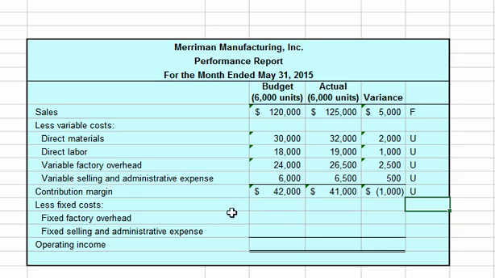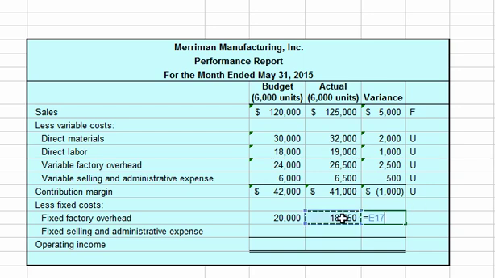Now we need to deduct fixed costs to get to operating income. Well, our fixed factory overhead, the budgeted amount is 20,000. The actual amount is only 18,750.